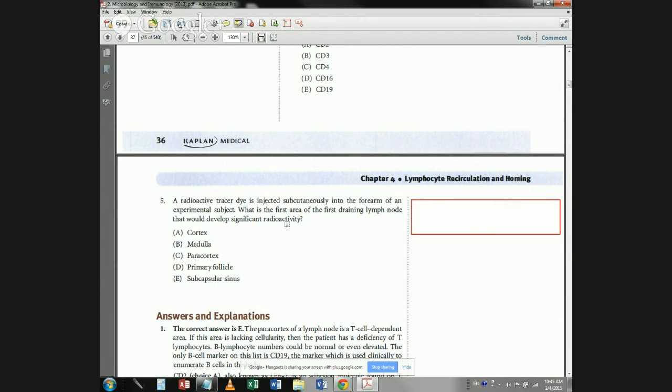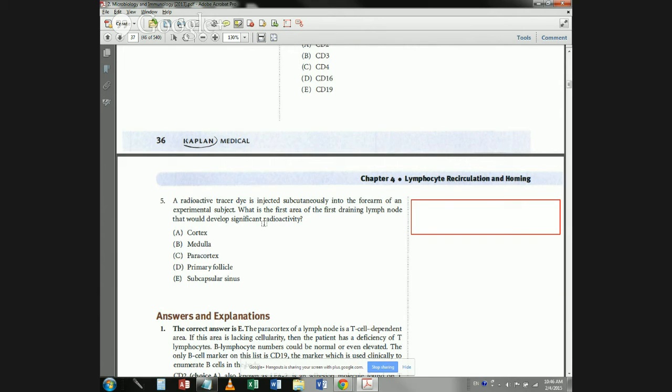Significant radioactivity. We're not talking about a reaction happening. Well, no, okay, maybe we are. We're asking about where they will bind first. So they're not binding in the subcapsular sinus at all. But we are binding in the primary follicle, probably.